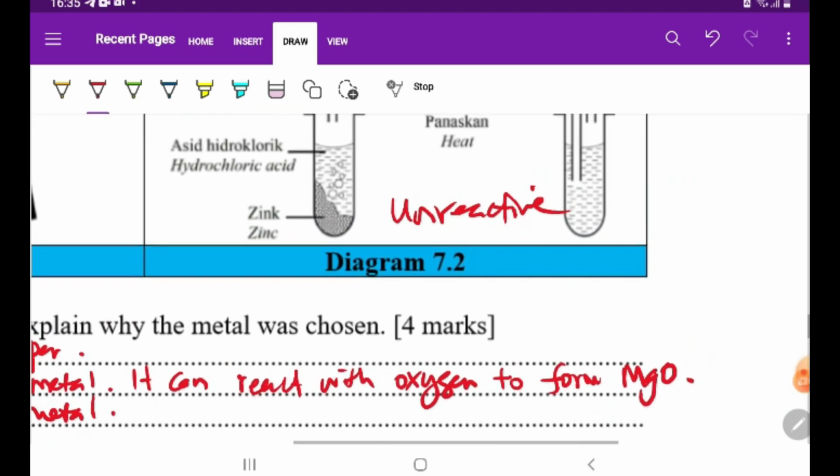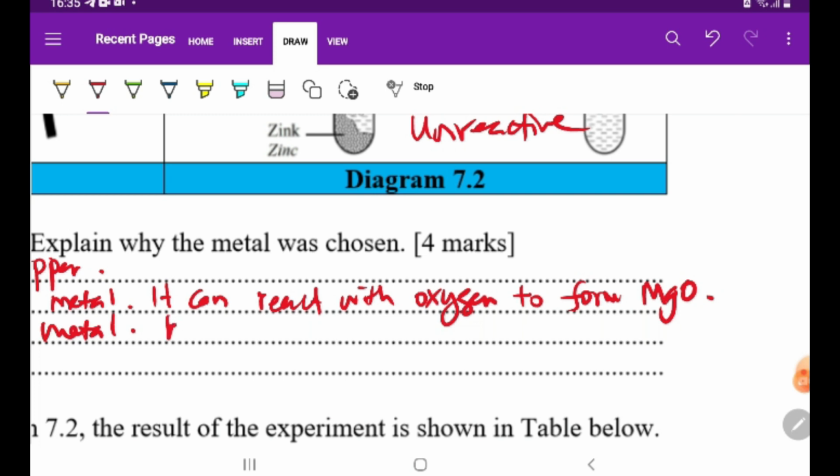So here hydrogen can displace copper from copper oxide.